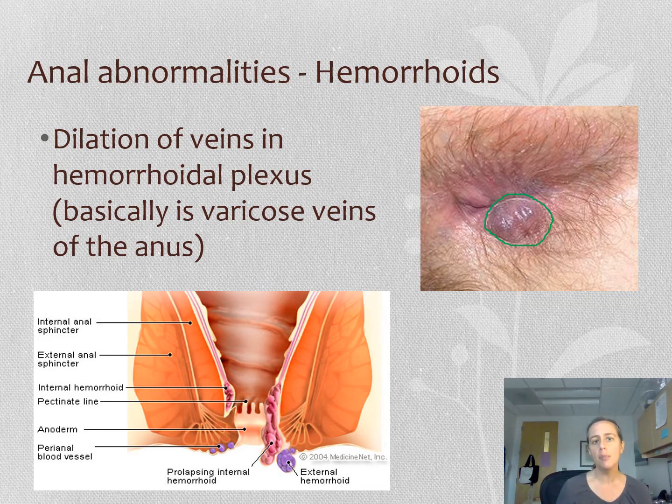So if you develop hemorrhoids, the best thing to do is just to avoid any activities that would make them worse or irritate them. So abstaining from anal sex play for a while, making sure that you're not constipated, taking some stool softeners or things to make going to the bathroom easy, being gentle when you wipe after going to the bathroom.